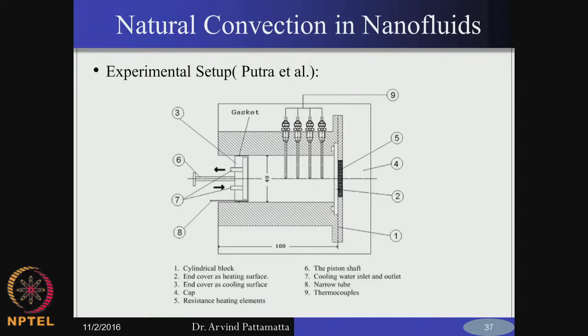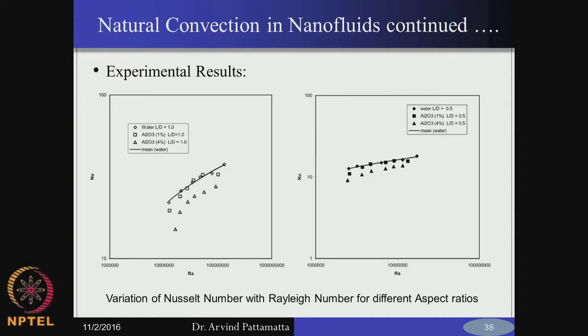Now, coming to natural convection, the experiments done by Putra et al. on natural convection in a cavity show that, unlike the forced convection experiments, there is a deterioration in Nusselt number. The problem is that if you add particles with a density higher than the base fluid, your effective density is increasing, and therefore, what happens to the buoyancy force?